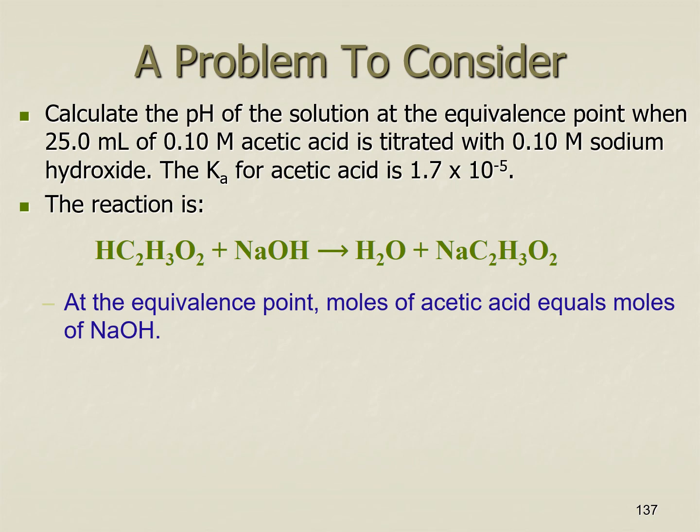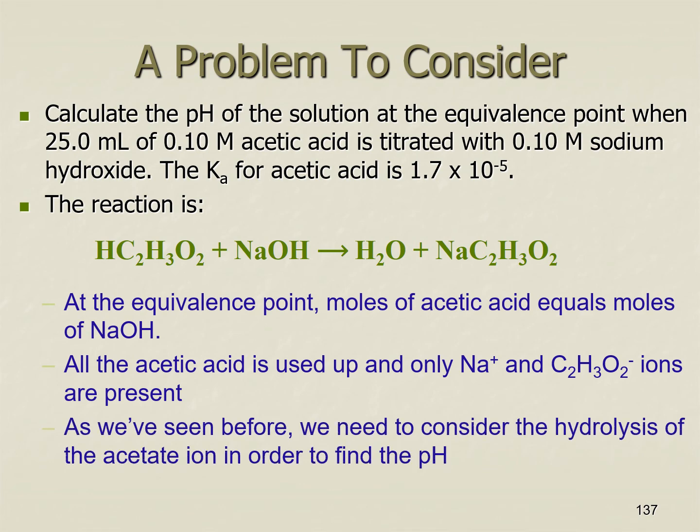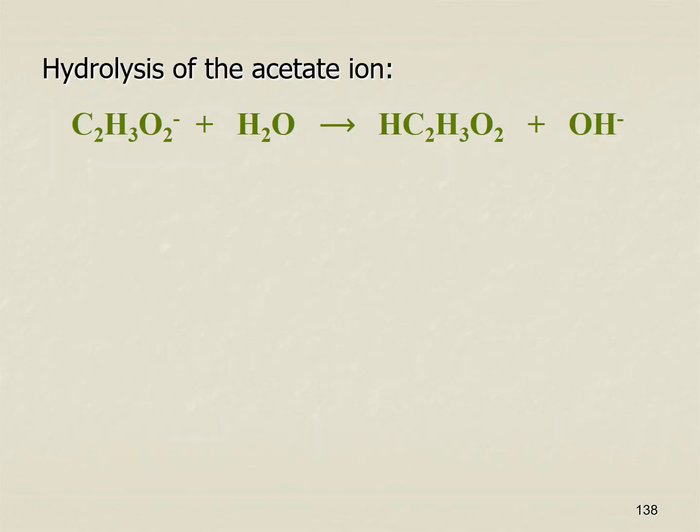At the equivalence point, the moles of acetic acid equal the moles of base. All the acetic acid is used up, and then we have our sodium ions and our acetate ions. But like I said, the acetate ion is hydrolyzable. And so we have to find out what is the pH of the acetate ion. And we've done this before. This was a problem back a few slides ago. So here's the hydrolysis of acetate.